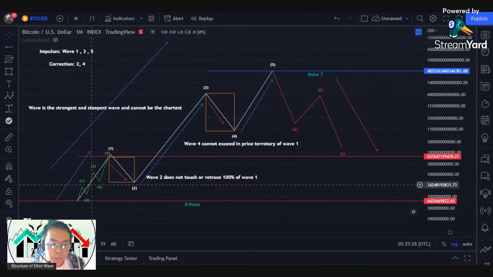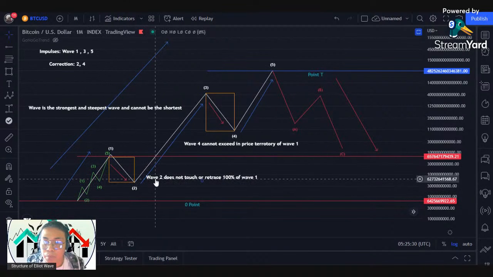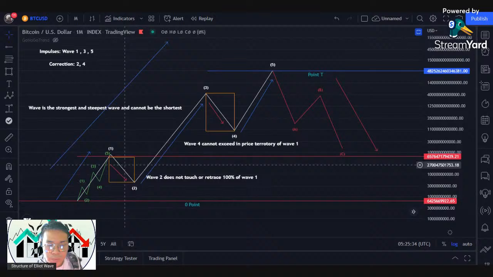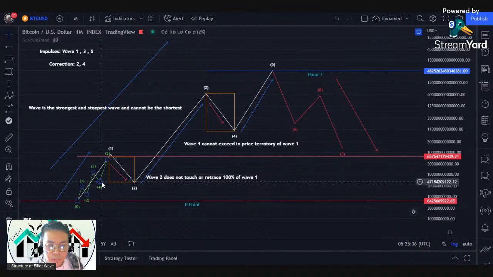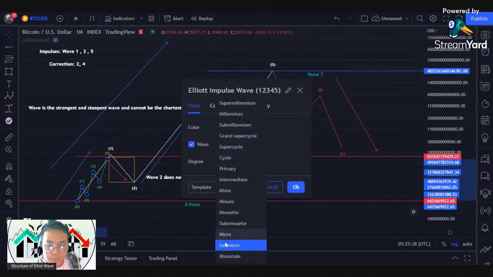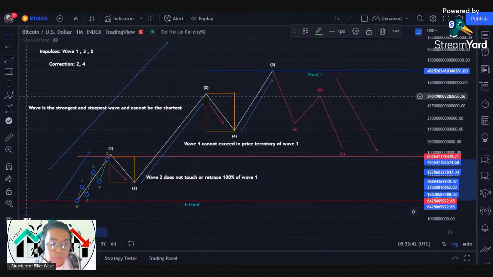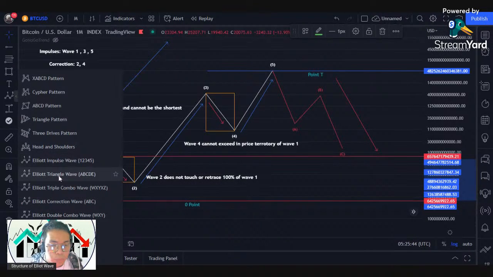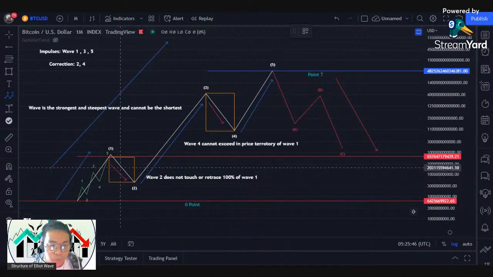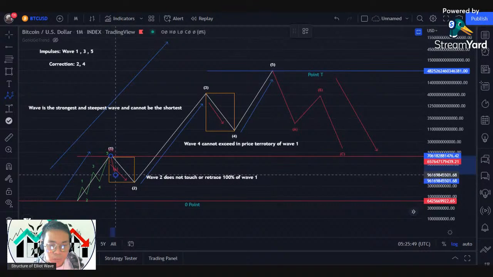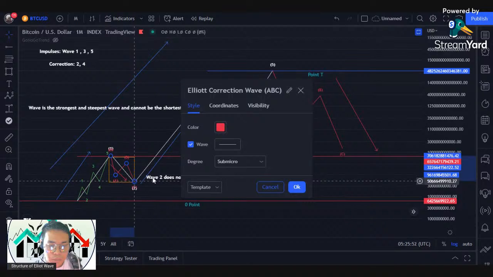This green, you can see in the daily or weekly time frame. What we can see here in wave 2, the correction, is also a small correction just like this.